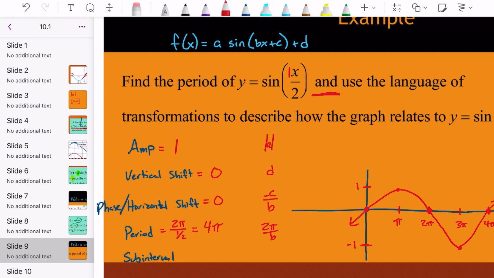Our subinterval, which is our last step, is going to be our period, which is 4 pi, divided by 4. In this case, pi is our subinterval.